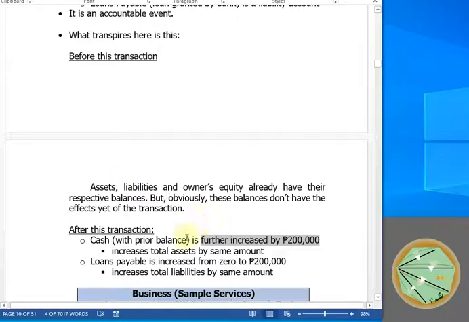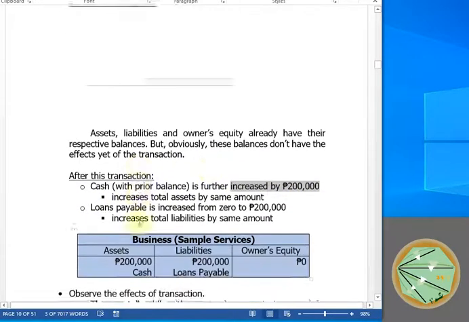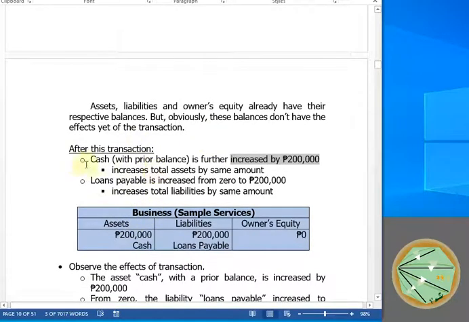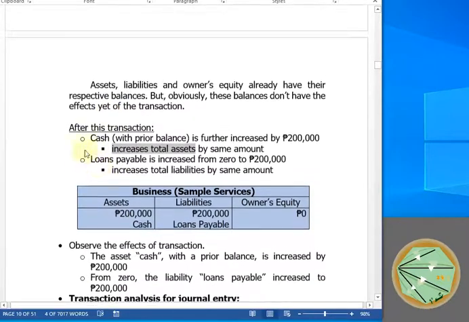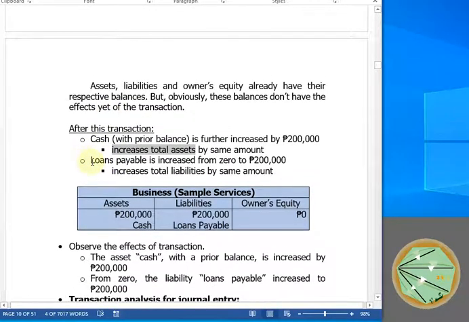So the company, Sample Services Company, received cash. For that reason, obviously that cash is increased by 200,000. And that also, being an asset account, would have the effect of increasing the total assets by the same amount. So now we go to the other part of the transaction, and that is about loans payable.